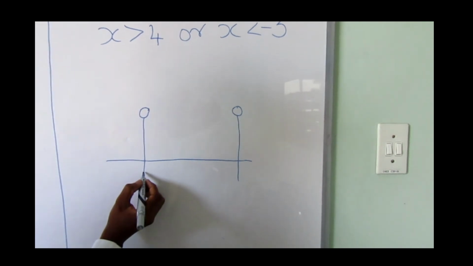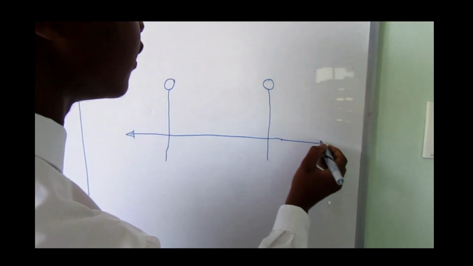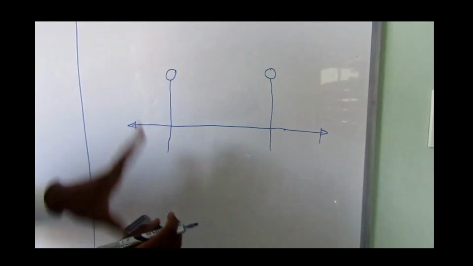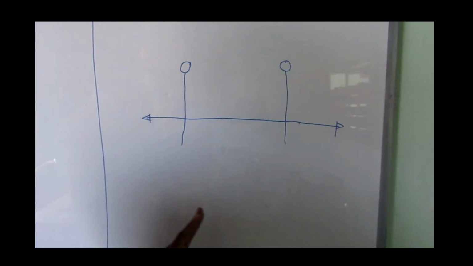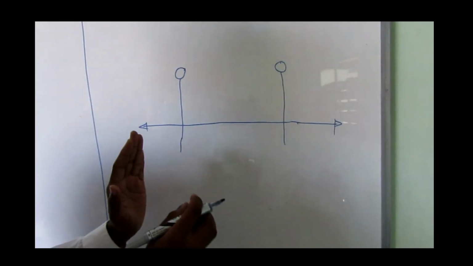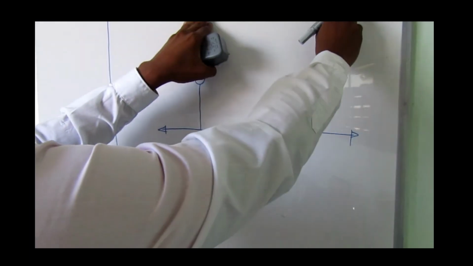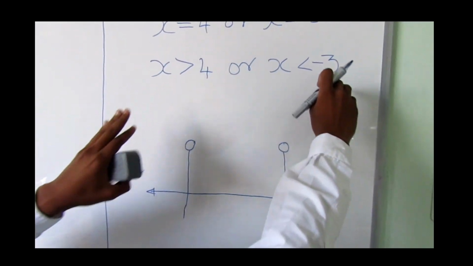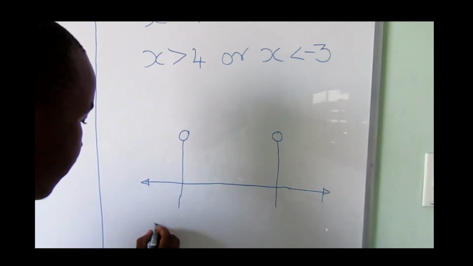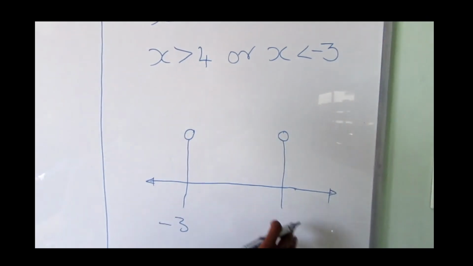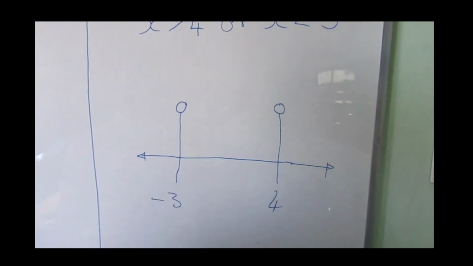Things that we have to note on this number line is that on this side, we always put the smaller value. When we compare, 3 is less than 4, so we say negative 3. Then here, the bigger value is always 4.